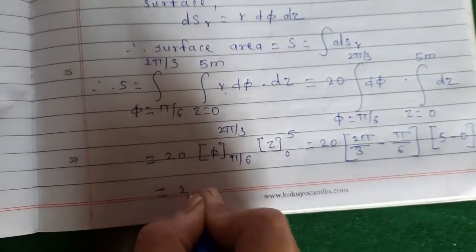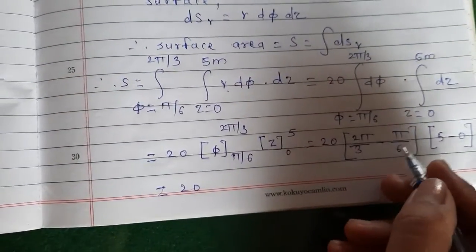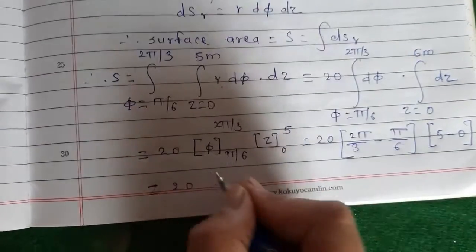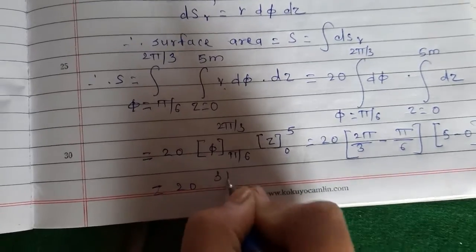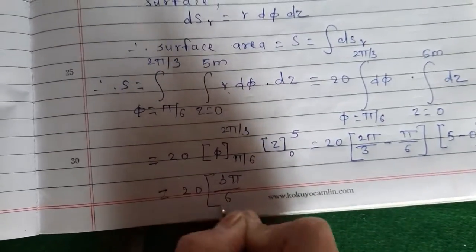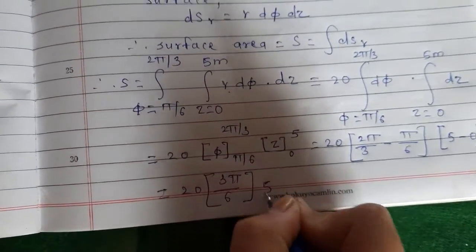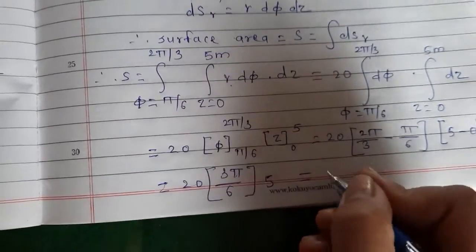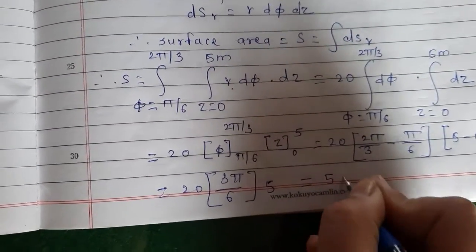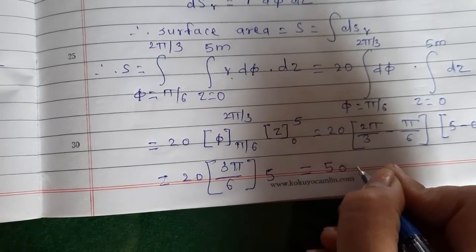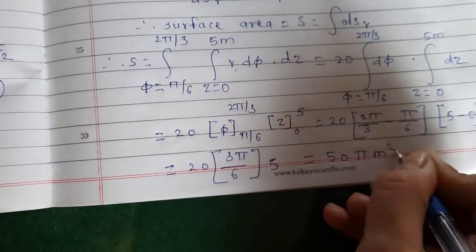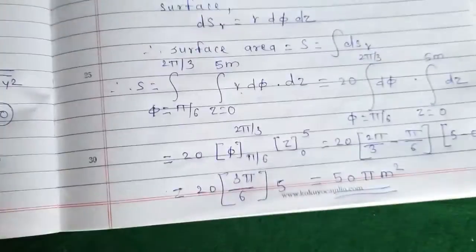By solving this we get 3 pi by 6 into 5, and our final answer will be 50 pi meter square. This is our final answer.